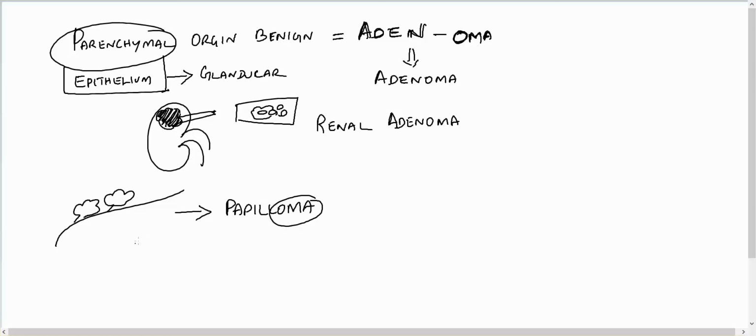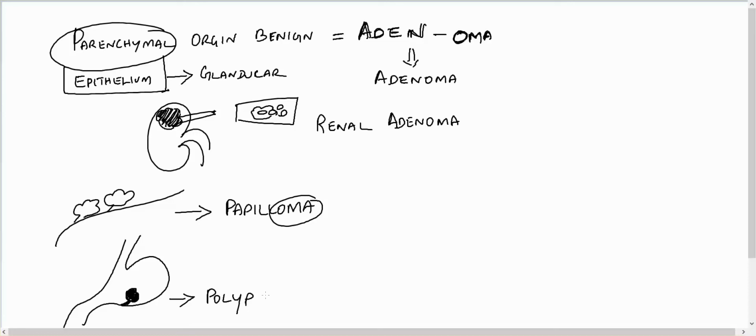Or if the tumor is in the stomach and it is producing a finger-like projection, and we don't know whether it is benign or malignant, we call it a polyp. So we take a biopsy from the polyp and then we see whether it is benign or malignant. So these are the basic terminologies.